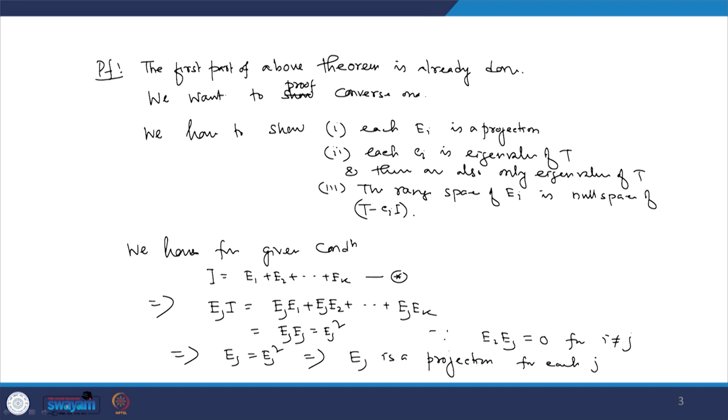Now, we want to show that the constants C1 to Ck are eigenvalues of T. We have T equal to, it is given to us, C1 E1 plus C2 E2 plus Ck Ek. So, this implies that T Ej equals Cj Ej for j equal to 1 to k.